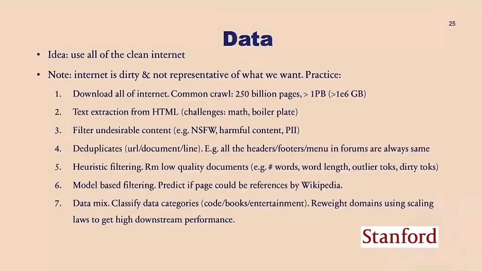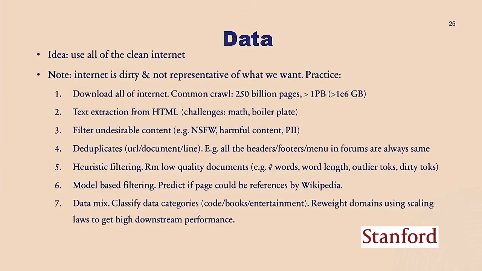That's something that people usually say in a very hand-wavy way. If you train your model more on code, it helps reasoning. So you want to upweight the coding distribution because that helps for general language modeling skills. Books is usually also another one that people upweight. Entertainment, they usually downweight. So things like this.